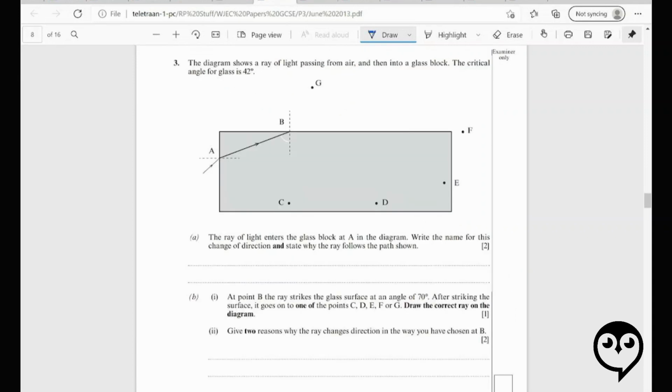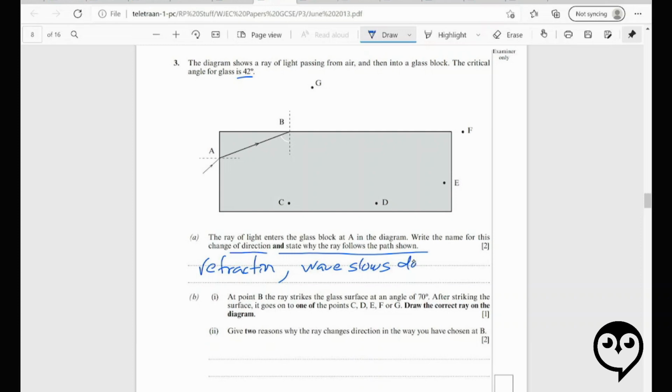Okay, so we've got a question here from June 2013. The light's critical angle here is 42 degrees for this material. It's going to enter at A, and then what's the name for this change of direction and why? Okay, so it's refraction, it's refracting. And why does it refract? Well, we can say two things.